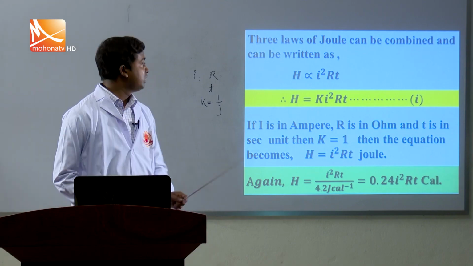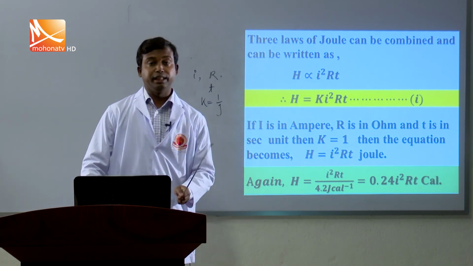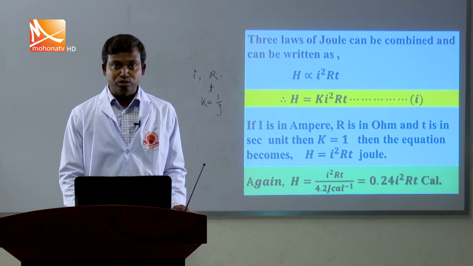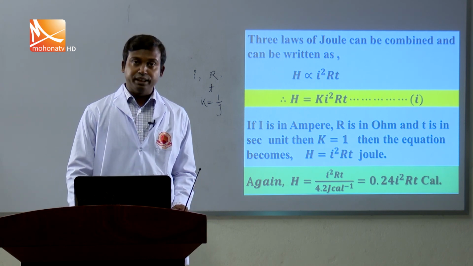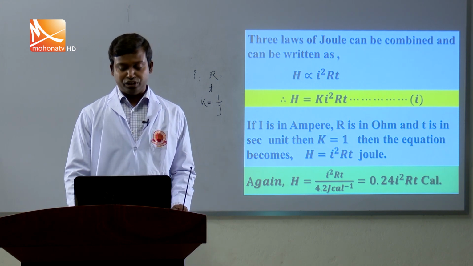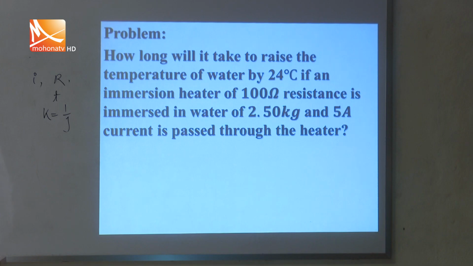So, all these three quantities are responsible for the production of heat in a conductor. I think it is very clear to you why a conducting wire becomes hot if it runs for a long time. And now let's do some mathematical problems related to today's lecture.